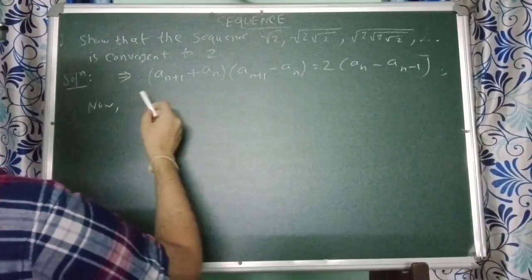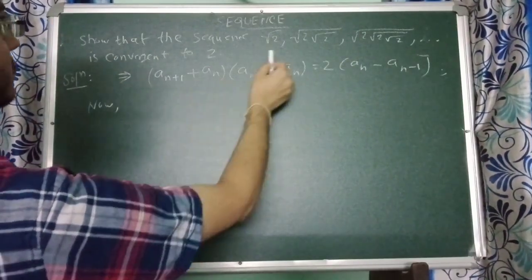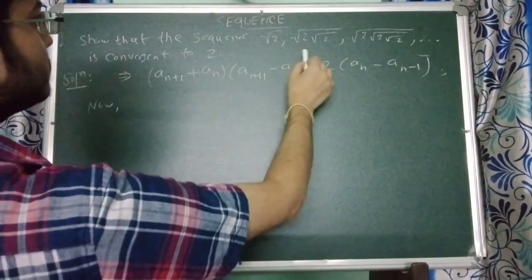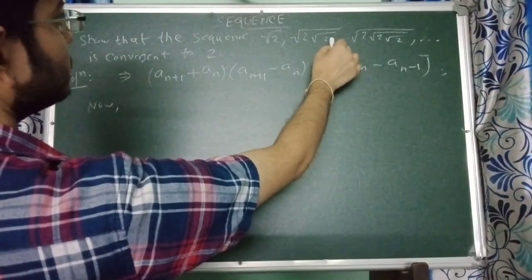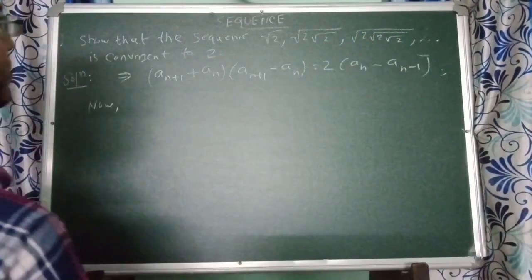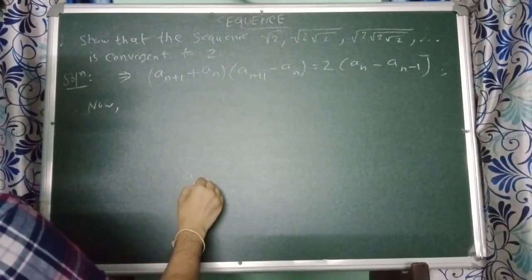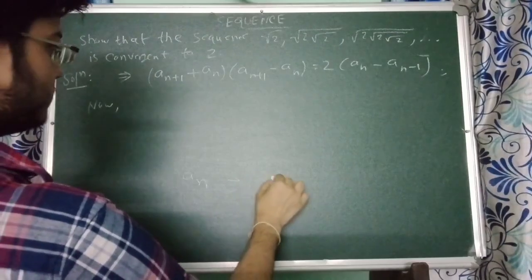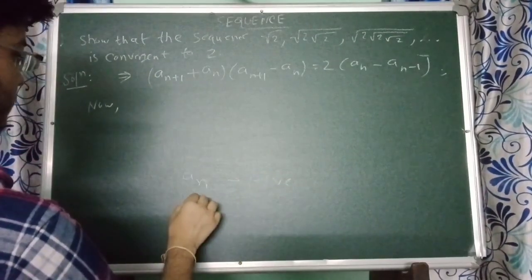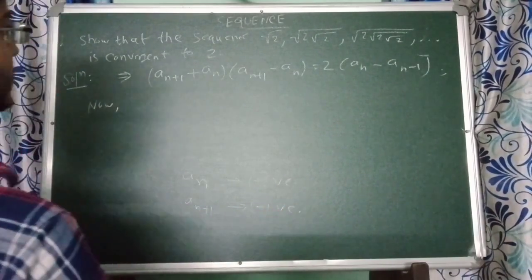Since a_n equals root 2, then root of root 2 into root of root 2 into root of root 2, and so on, each term of the sequence a_n is a positive quantity, and also a_{n+1} is a positive quantity.